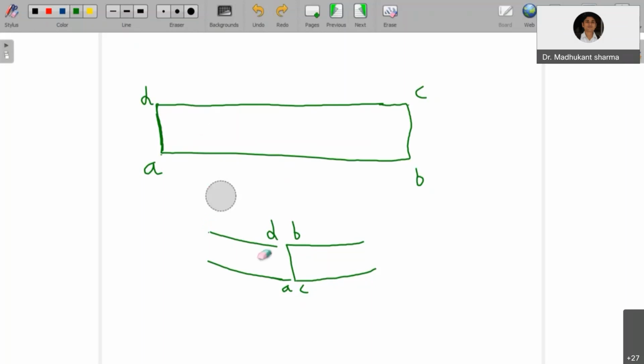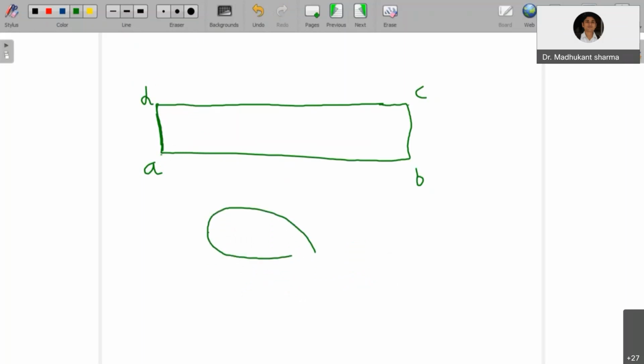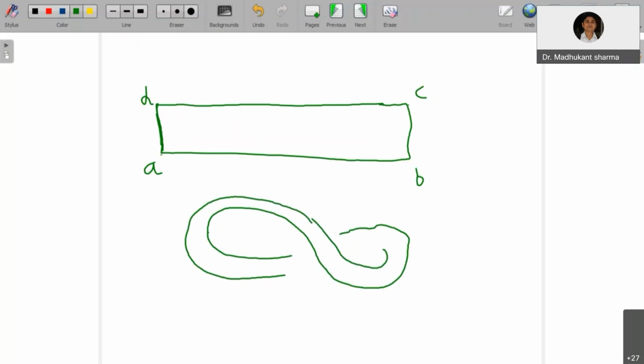I may try to draw it, somewhat like this, which is not self-intersecting. Here A, C, D, and B are spanned together. So this is known as a Mobius band.